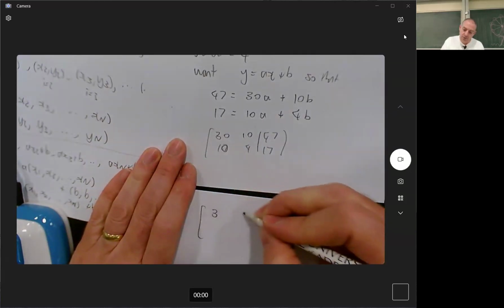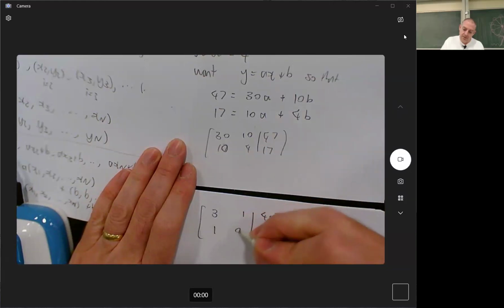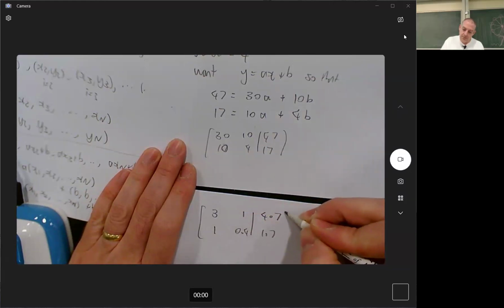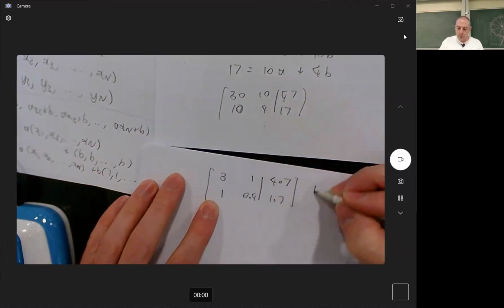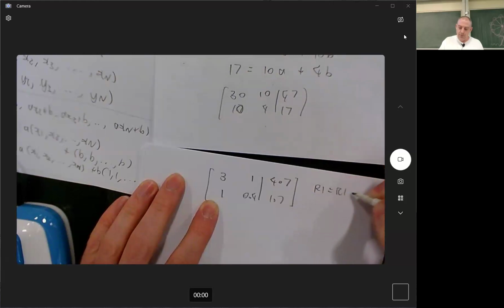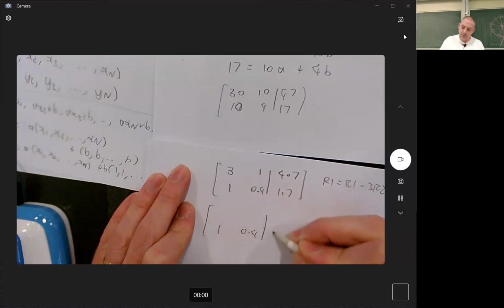I'm going to divide the top row by 10 and the bottom row by 10. And then I'm going to take row 1 is row 1 minus 3 of row 2. And so that gives me this.